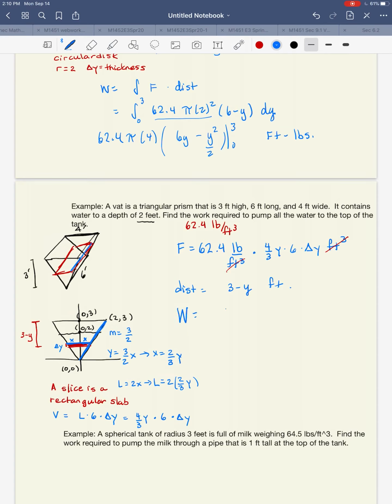And now we get the total work done by summing that up. Force, move the dy out here, and then the 3 minus y. The integral sign represents the depth of the liquid. These slices are made from a depth of 0 up to a depth of 2.